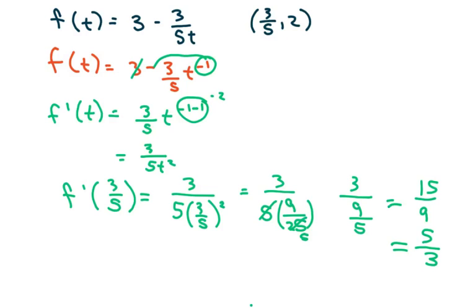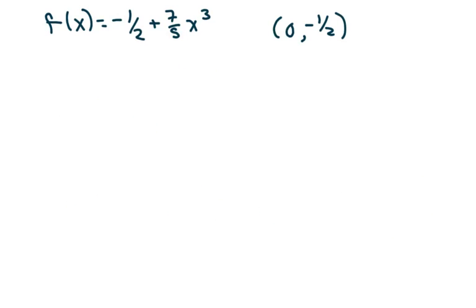Okay. The next one is this one, so it's very similar. I don't need to rewrite this one, so just take the derivative of f of x. This just equals 0, and I'm going to multiply 7/5 times 3. This is going to be x squared.